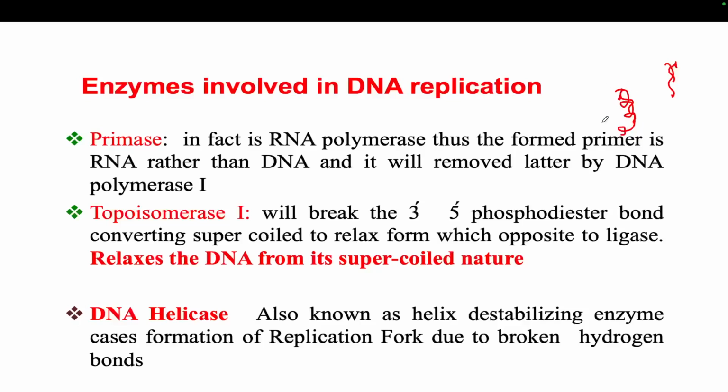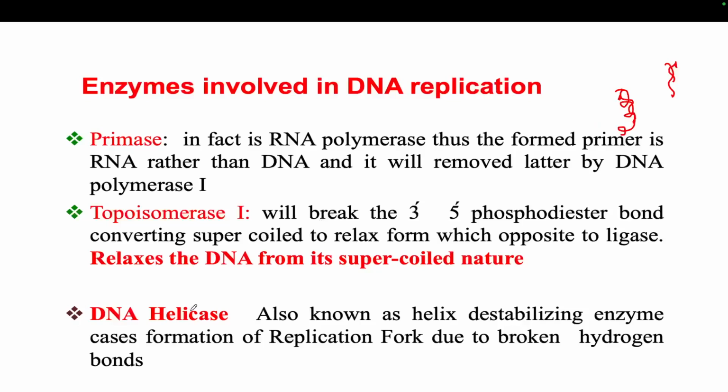Otherwise, if the DNA is completely supercoiled, then the protein will be unable to bind at a particular place, right? So to relax those DNA portions, the topoisomerase 1 will work.